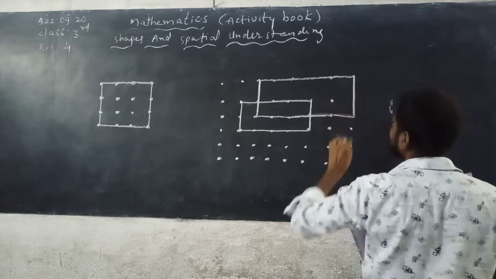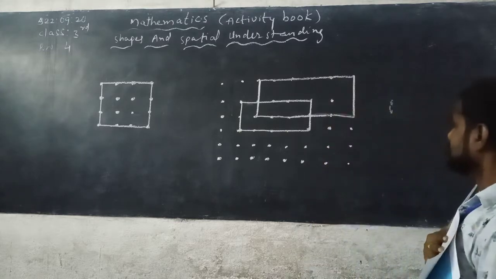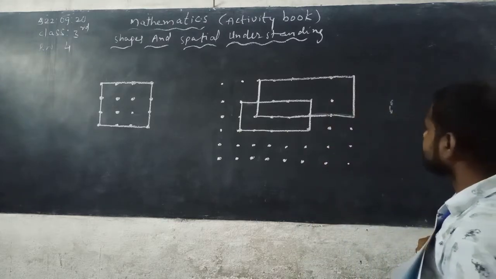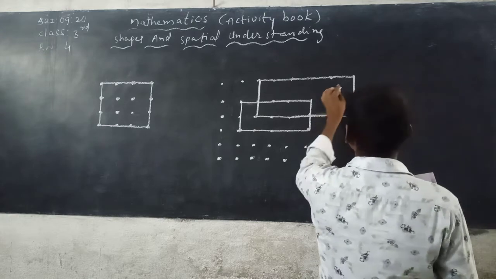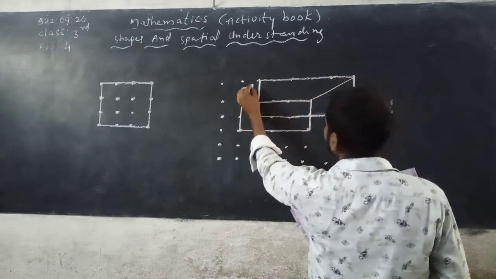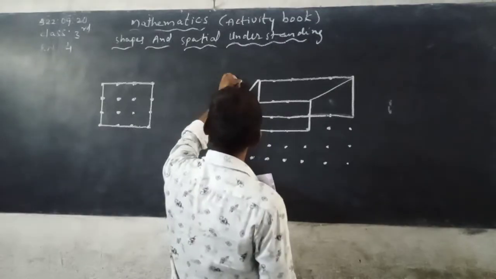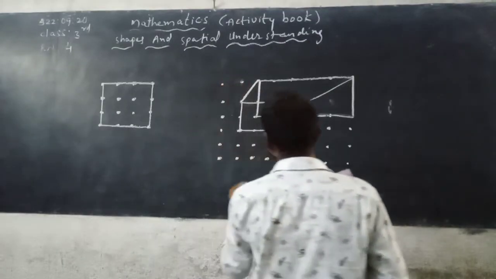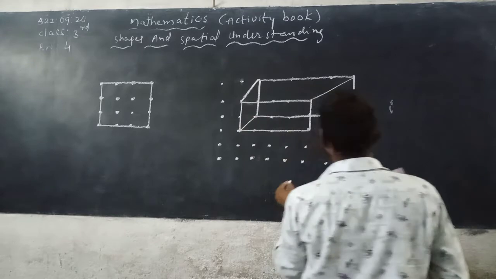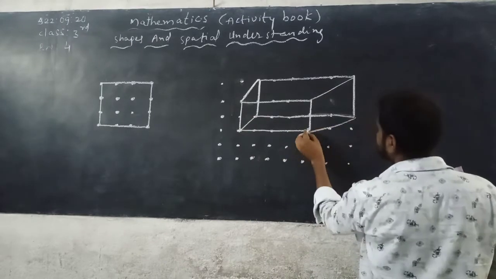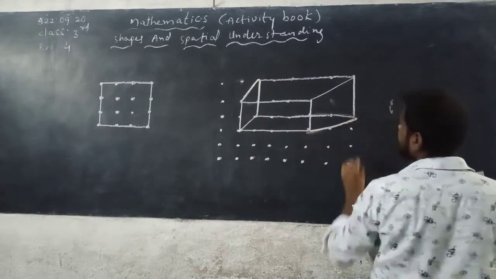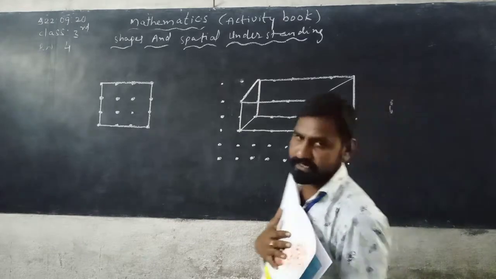And you can take this like that. Now we can join this, we can join this, we can join this, we can join this. What we get? We can get a cuboid.